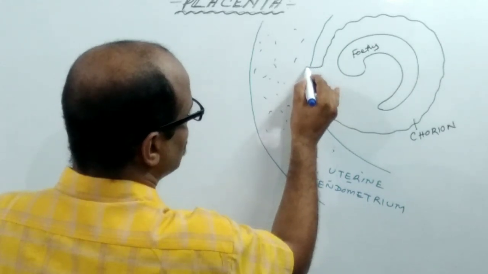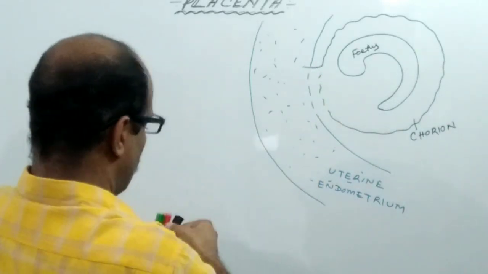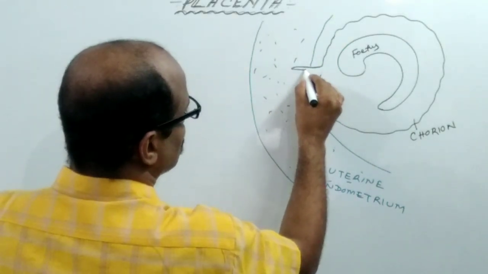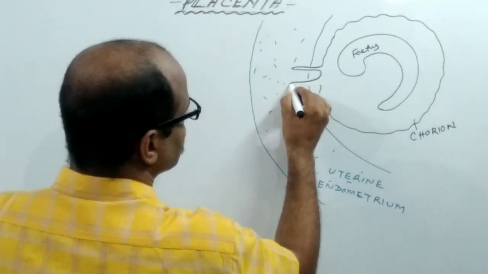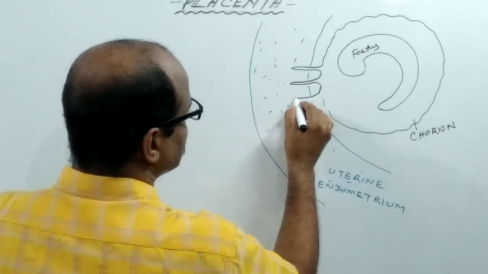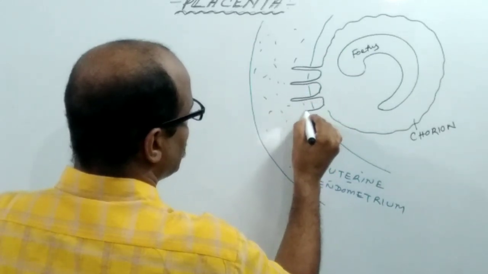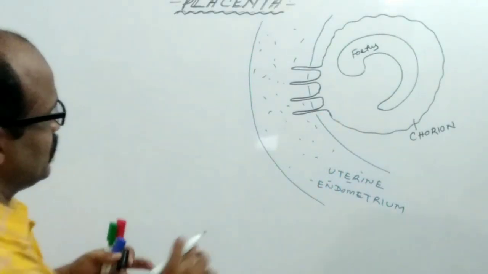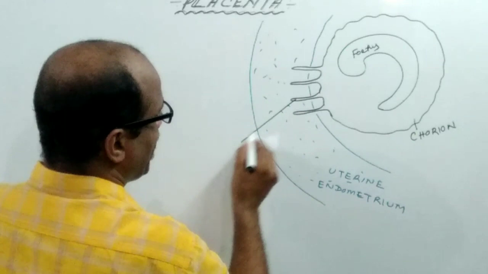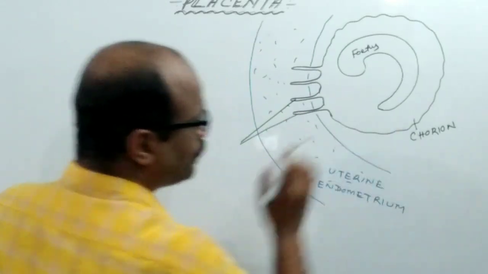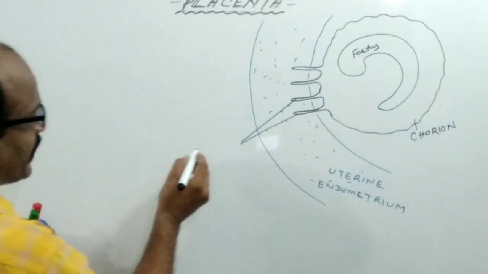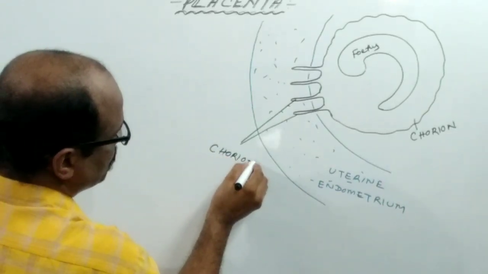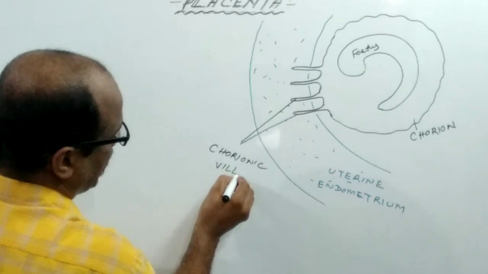The outer portion of the chorion sends out finger-like projections and penetrates the endometrial tissue of the uterus of the mother. This finger-like projection of the chorion is known as the chorionic villi.